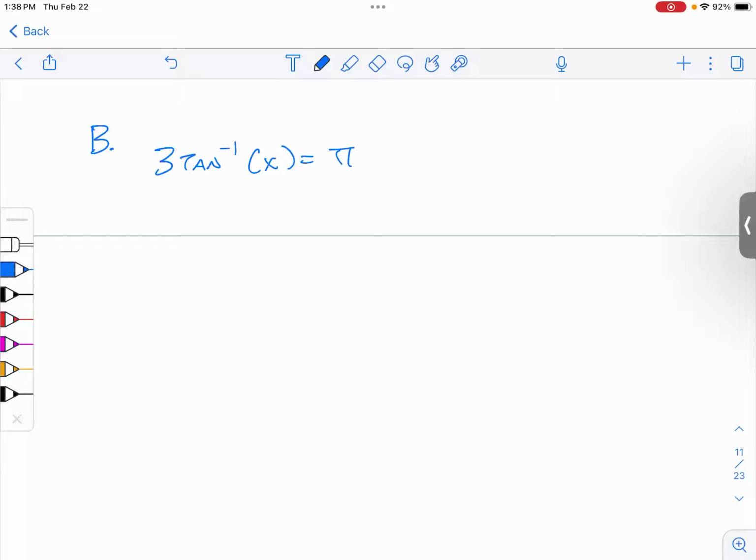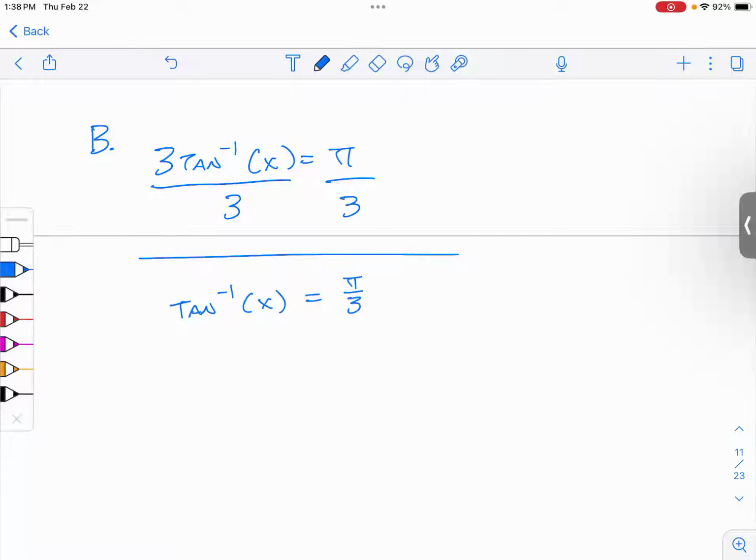All right, so same thing. Divide by 3 first. Isolate that trigonometric function. And then once again, I ask, how do I get rid of an inverse tan? Both sides by the tangent. And then, see, it works the same way in reverse.